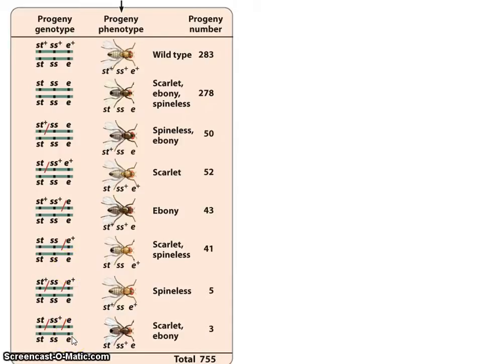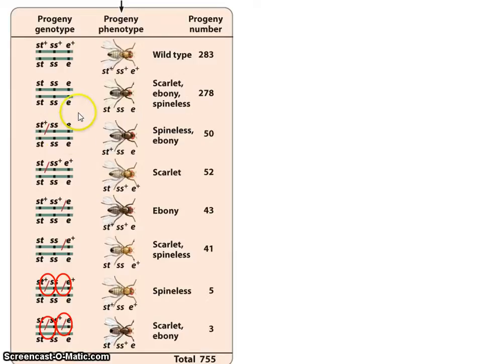And what we're going to do now, our step 4, is to identify where the crossover events happen. And so in our double heterozygotes, we know because they're double crossovers that the crossover events happen in both places by definition.